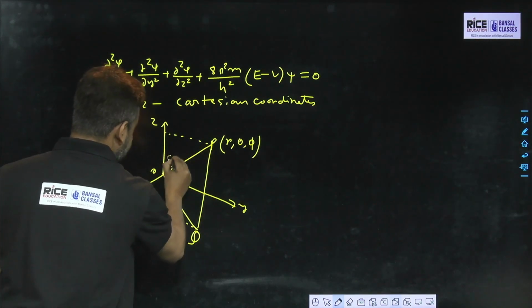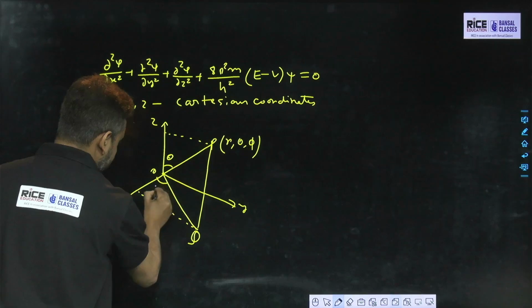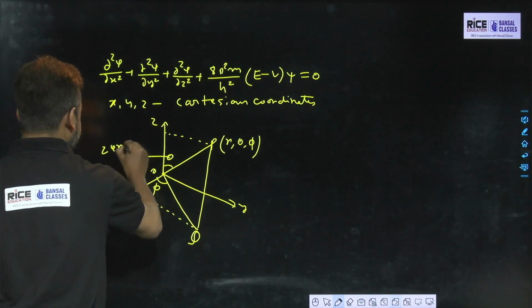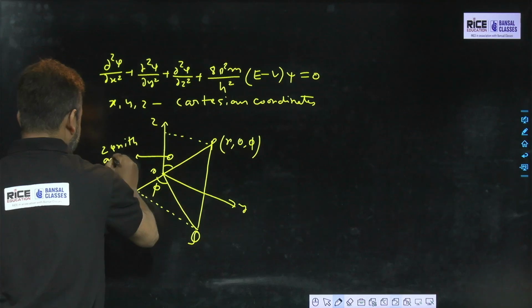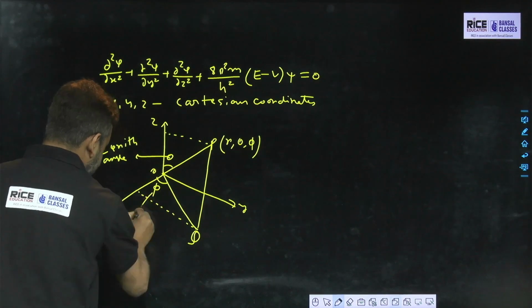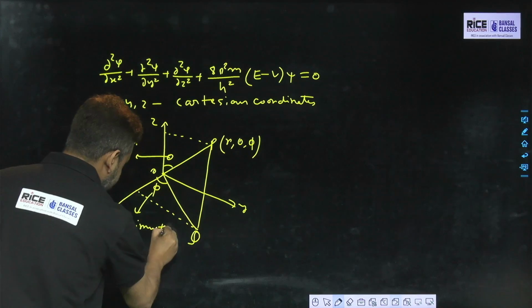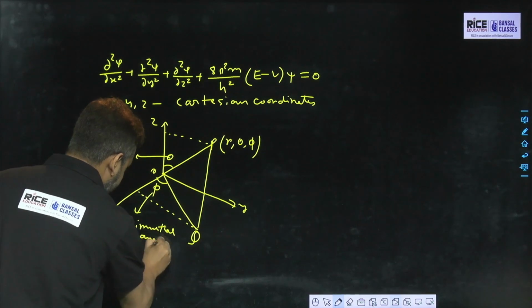This is the angle theta, and this is called phi. This theta is called the zenith angle, and this phi is called the azimuthal angle.